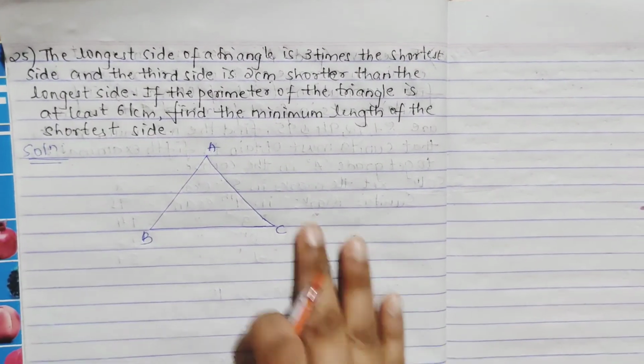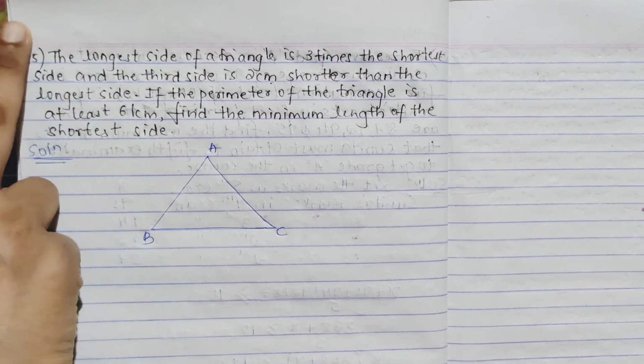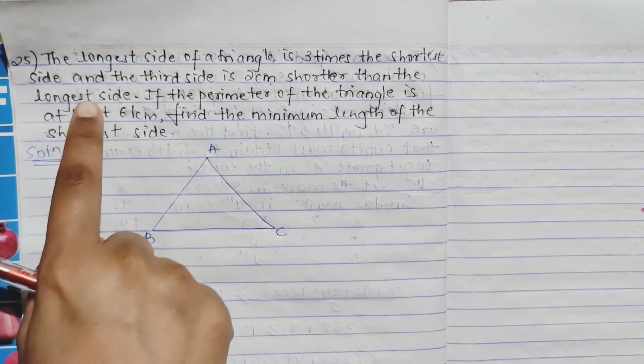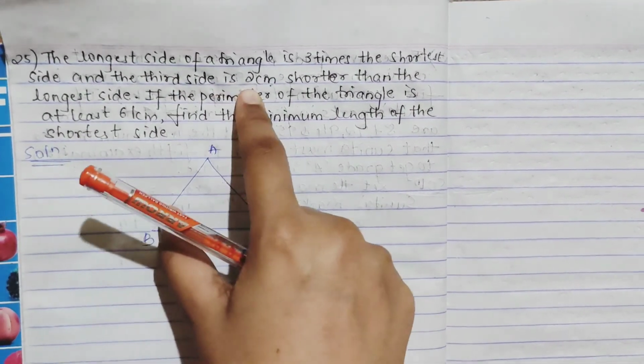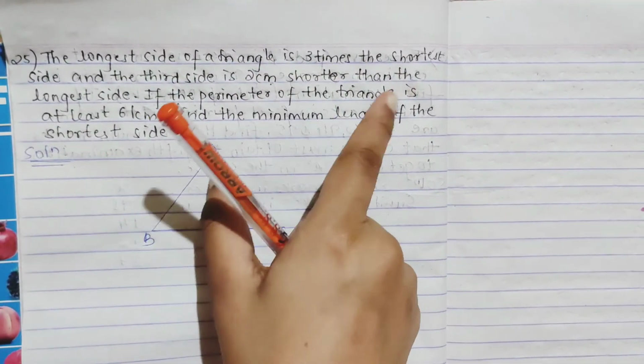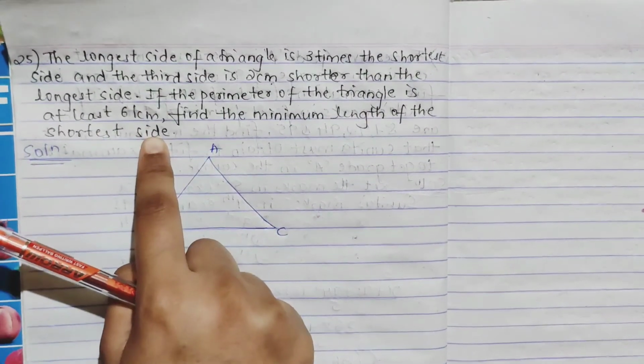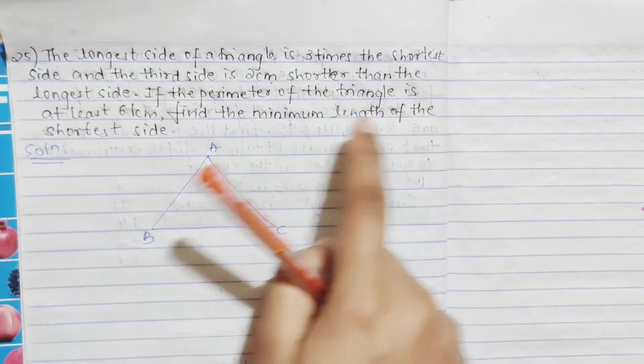Your 25th question. The longest side of a triangle is 3 times the shortest side, and the third side is 2 centimeters shorter than the longest side. If the perimeter of the triangle is at least 61 centimeters, find the minimum length of the shortest side.